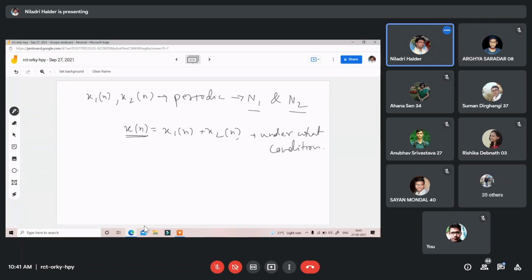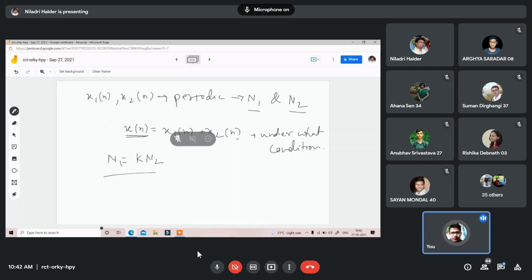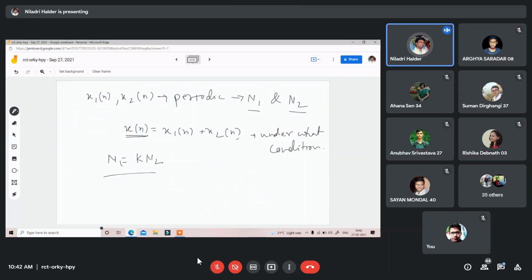Sir, N1 may be a multiple of N2. Means N1 equal to kN2. Okay, just follow the answer. It will be clear to you. So the proportion of the time periods should be an integer. Obviously, it should be an integer.